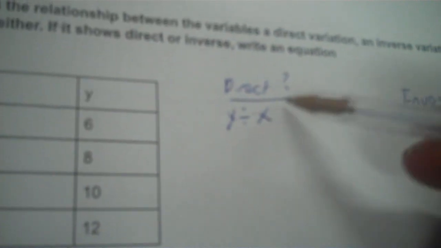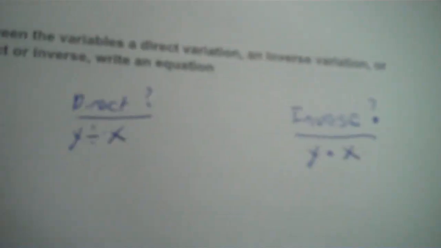Now, direct is division. It's y divided by x. If y divided by x is the same thing every time, it's direct. Inverse is y times x is the same every time. So we're going to take 6 divided by 3. That's 2. Then 8 divided by 5 is not 2, it's 1.6, so it can't be direct.